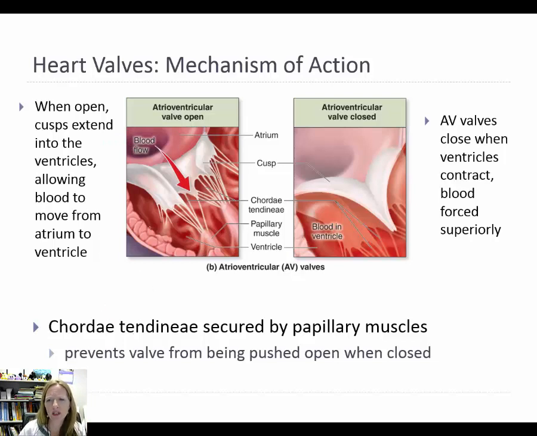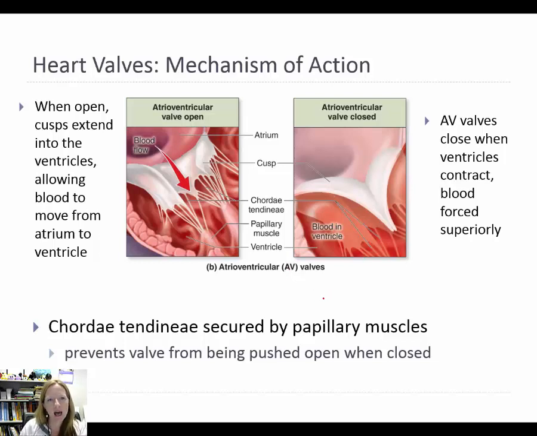So the cords are going to be there to help secure and keep those AV valves closed. So what happens is the papillary muscles are going to contract, and when they contract, they are going to pull on the cords, and that is going to pull on these in order to keep them shut. So very, very important there.